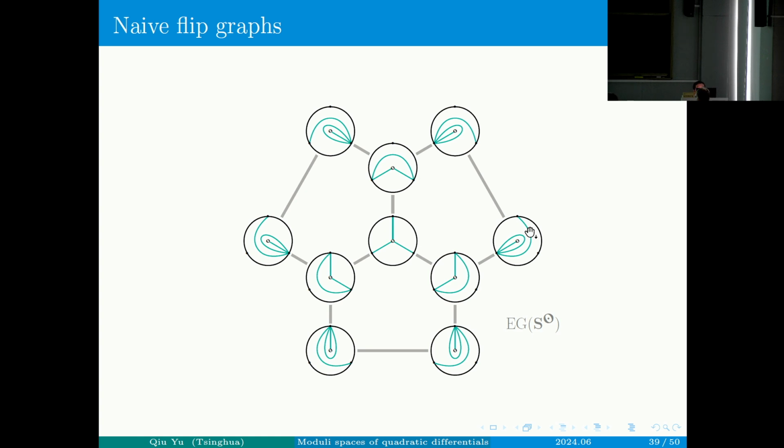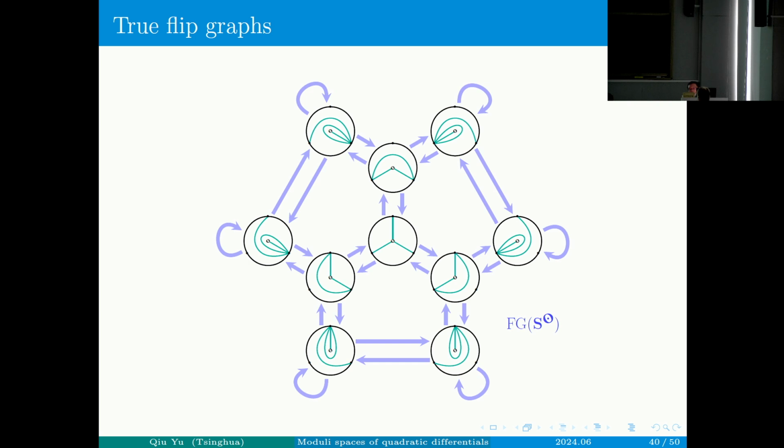So if you have a triangle with one puncture, this is the naive flip graph people usually draw, where each vertex is a triangulation, each edge is a flip. But the correct thing to do is you want to double each edge in the previous graph, because the flip should have orientation.